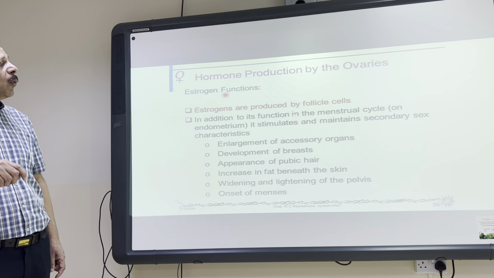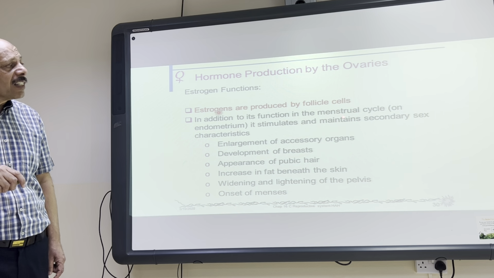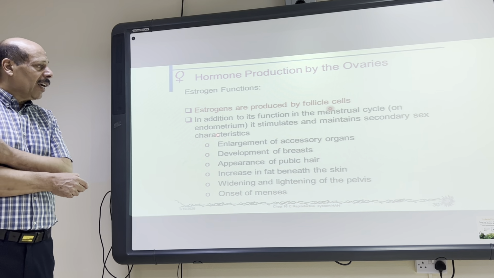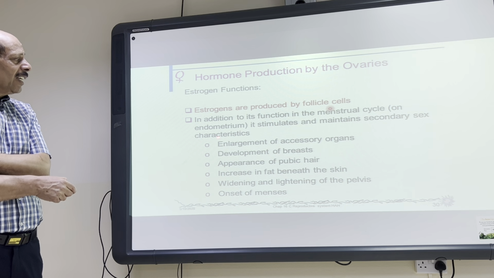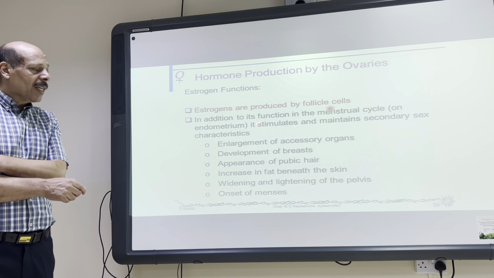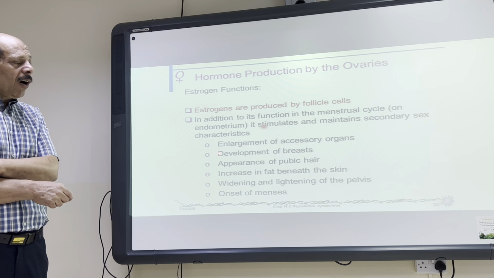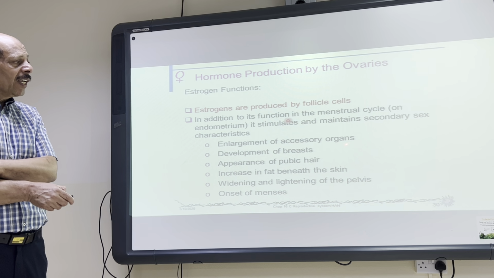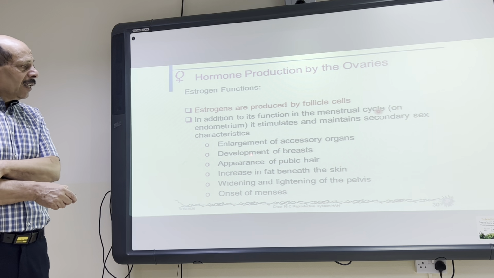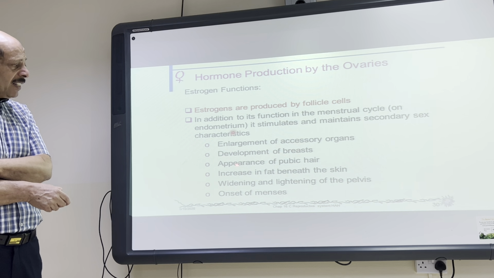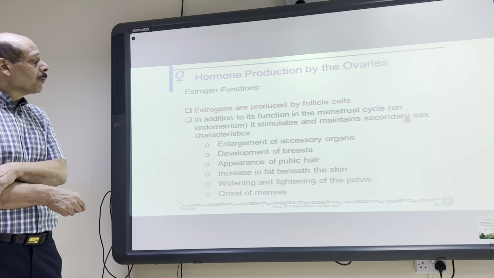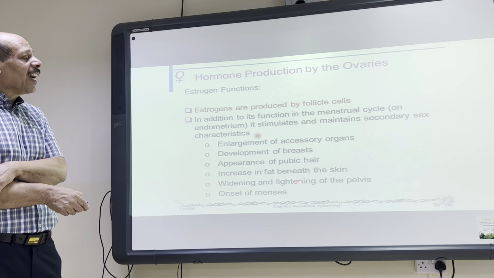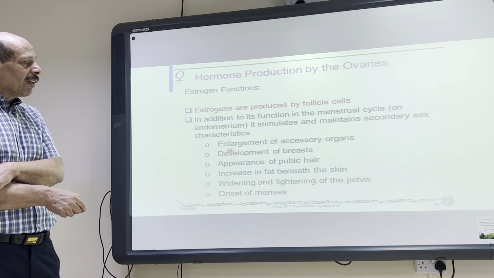In addition to its function in the menstrual cycle and the endometrium, it also stimulates and maintains the secondary sex characteristics of the female, which are enlargement of the accessory organs, development of the breast, appearance of pubic hair, increase in fat beneath the skin, the subcutaneous tissue, and widening and lightening of the pelvis.